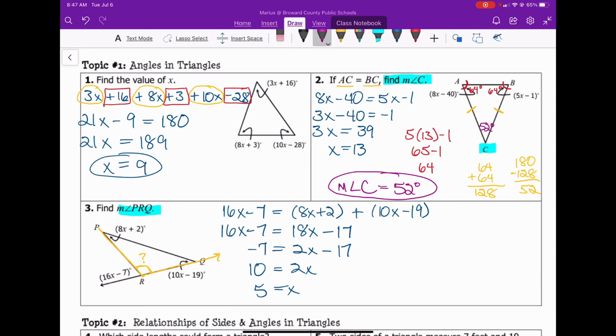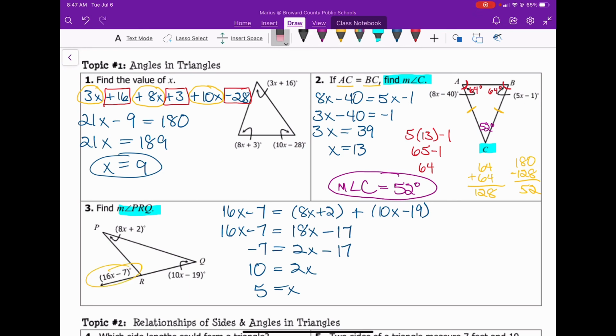So one more time, the angle that we're looking for and the exterior angle on the outside, the 16x minus 7, those two angles are what we call a linear pair. And linear pairs add to equal 180. So with that knowledge, what we're allowed to do, we can go ahead and plug in x into this expression here.